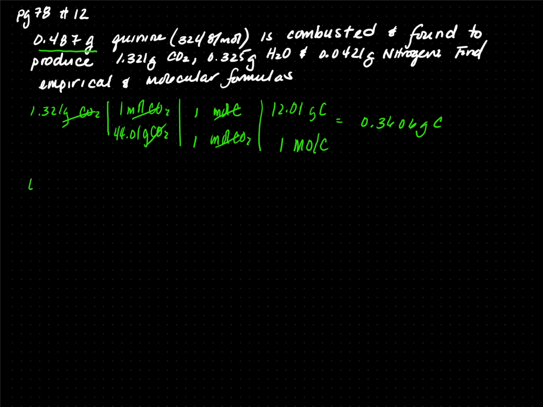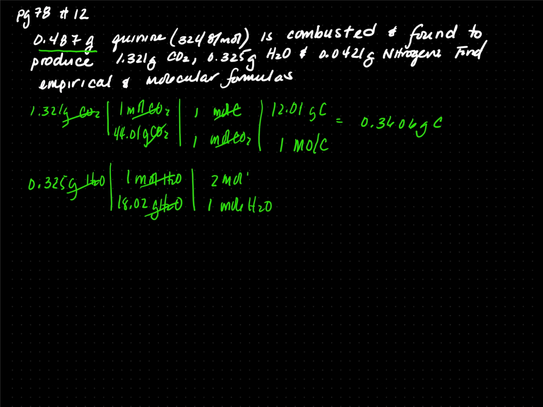We're going to do the same thing for water to find hydrogen. So we're going to start with 0.325 grams of water. Diagonal units have to be the same. So grams of water. This is 18.02 off the periodic table. It's equal to 1 mole of H2O. Grams cancel out. Moles of H2O. So for 1 molecule of H2O, there are 2 hydrogens and 1 oxygen. So 1 mole of H2O has 2 moles of hydrogen.